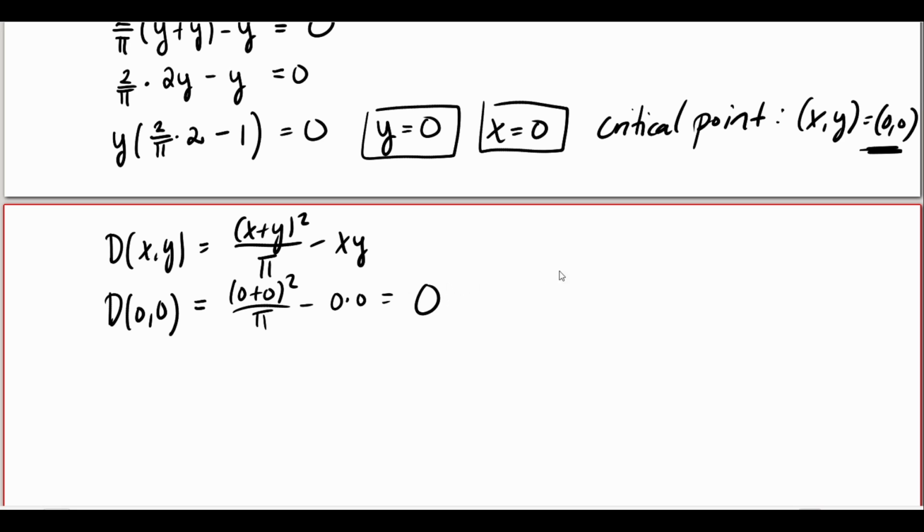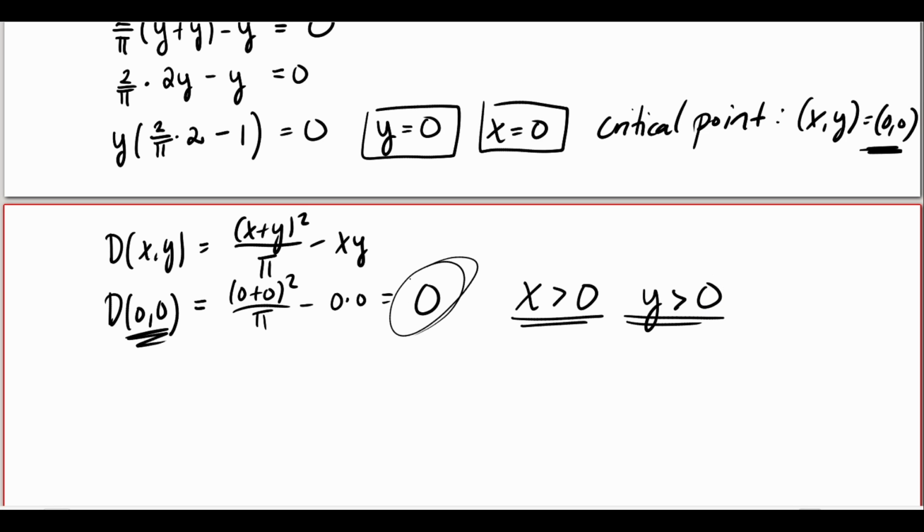But remember that we are interested in x values larger than 0 and y values larger than 0. If we find out that this critical point is a minimum point, that means for all x larger than 0 and y larger than 0, we actually have a larger difference in area. So the difference in area will be larger than 0.